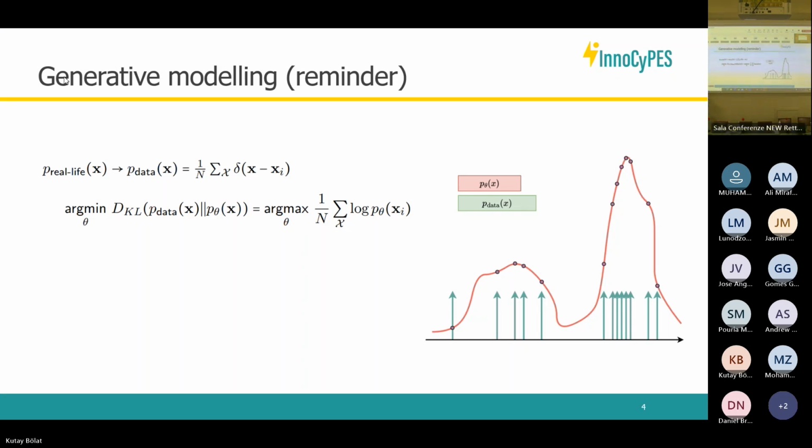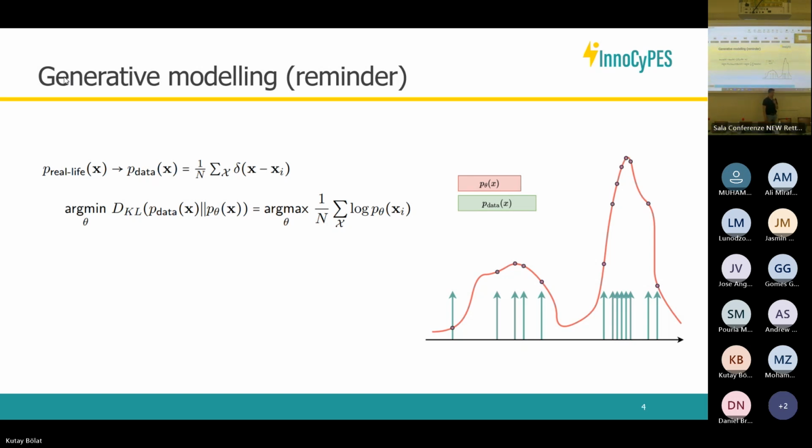So maybe you remember this figure. Maybe for the people who were not in the first part, we want to model a probability distribution which is as similar as possible to a real-life probability distribution that we cannot observe. We only have data, and the data is also a probability distribution, an empirical one.